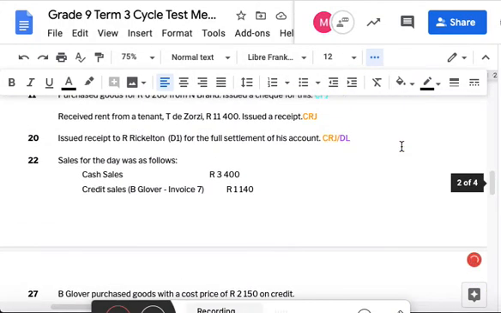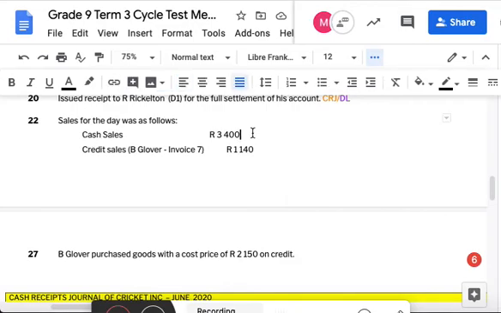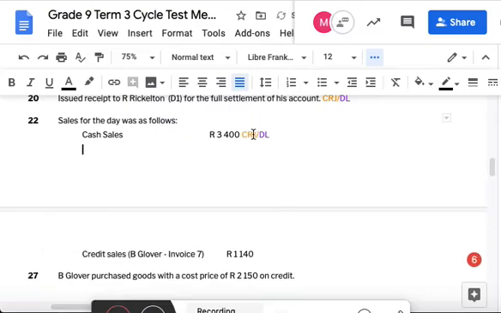Should be 2 transactions left. Sales for the day were as follows. So on the 22nd, we had cash sales. Where does our cash sales go? CRJ. Cool.